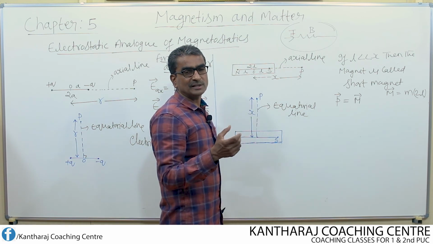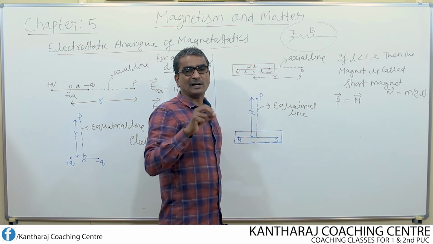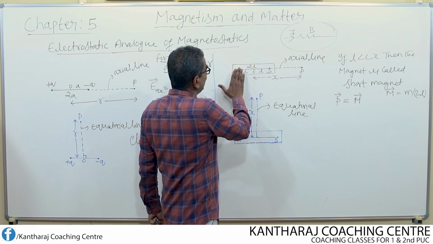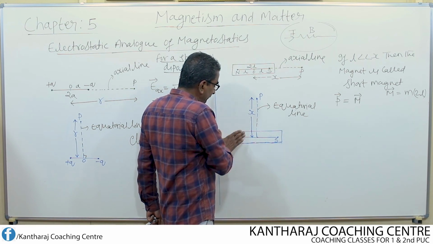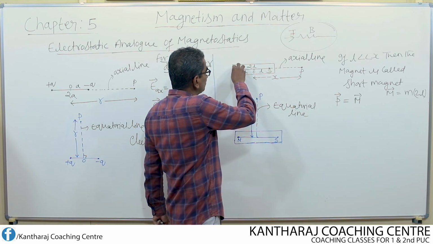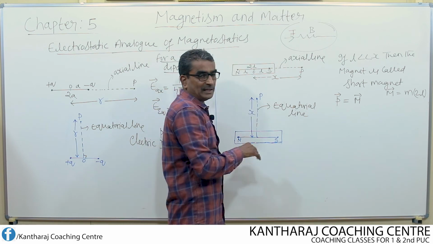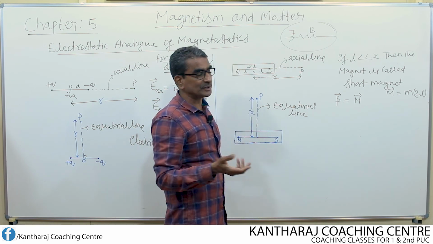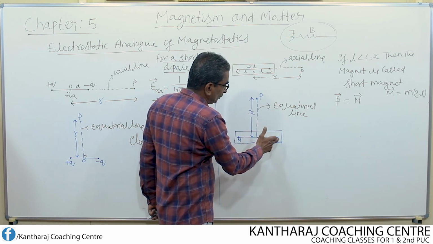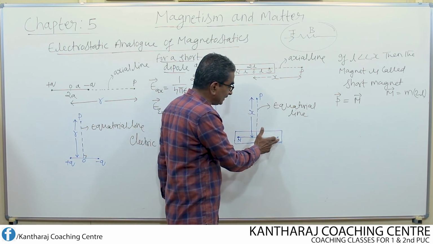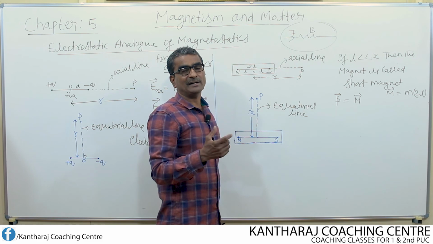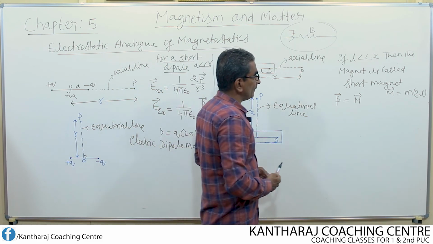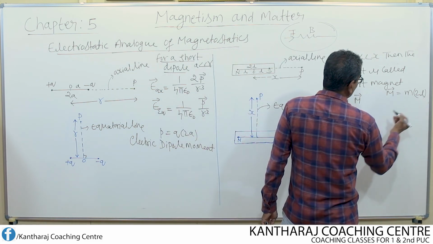Pole strength means the force of attraction or repulsion exerted by the pole of one magnet on the pole of another magnet. If this pole exerts a certain amount of repulsive force on this pole, or a certain amount of attractive force, that is the pole strength. And 2L is the magnetic length.